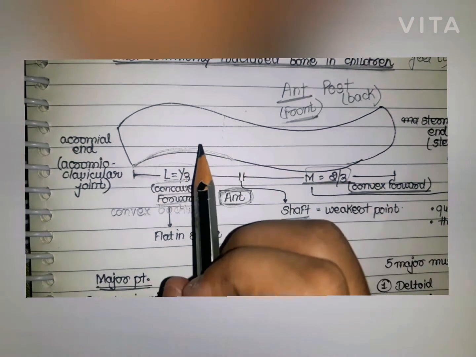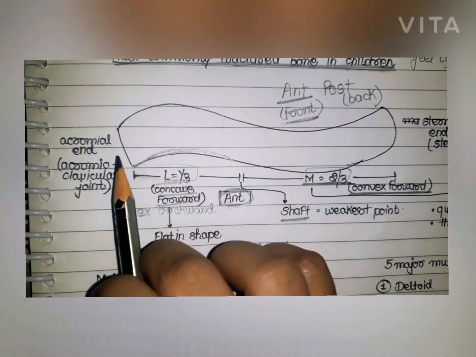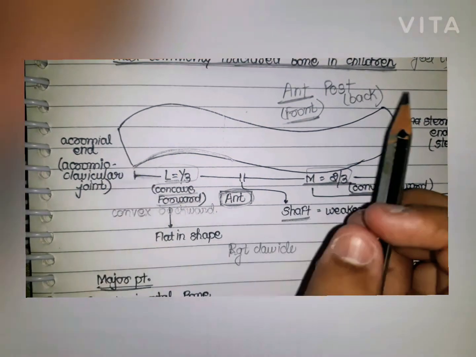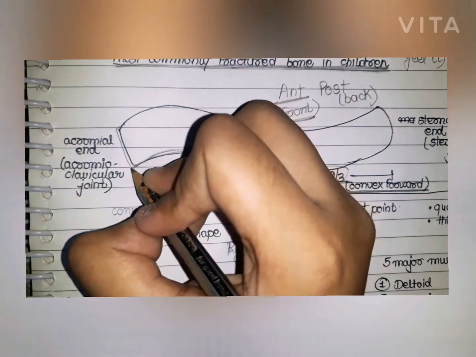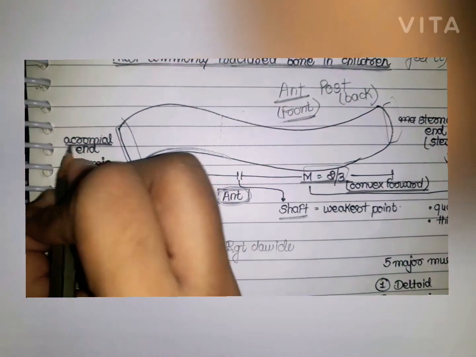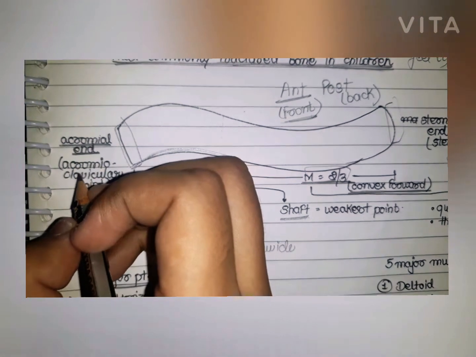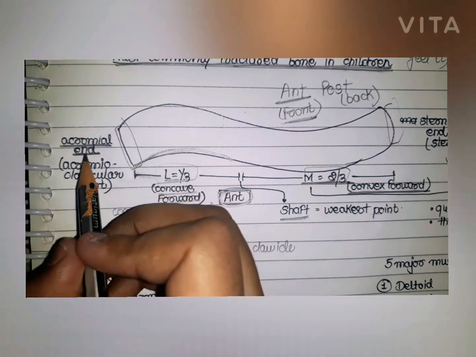Okay, so now we will talk about where it joins with the other bones or other structures. This is the lateral end and this is the medial end. It is also known as the acromial end. Acromion, when we study the scapula, you will come to know about the acromion end.